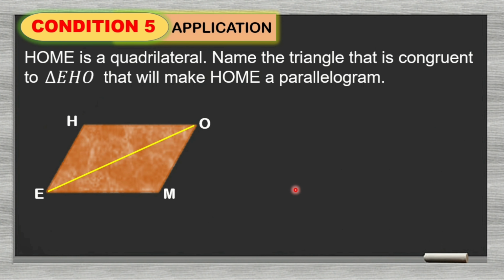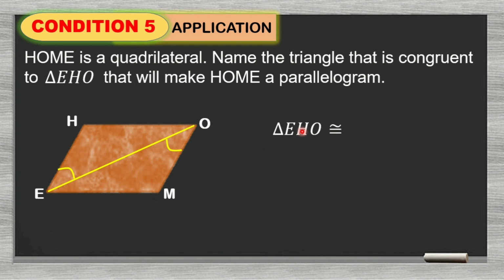Let's use same figure pero yung diagonal natin ay EO. Okay, saan daw congruent ang triangle HOE? Okay, dito sa unang triangle natin, saan congruent ang angle E? Okay, so tama. Ang angle E dito sa unang triangle ay congruent siya dito sa angle O sa second triangle by alternate interior angle.